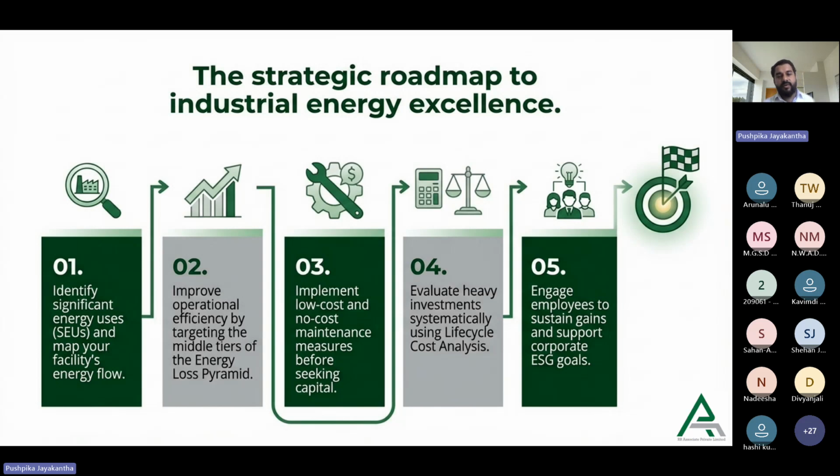We also examined the financial evaluation tools used to justify energy efficiency investments. And finally, we discussed how energy management contributes to sustainability goals and ESG performance. These approaches together help organizations achieve both economic and environmental benefit through effective energy management.